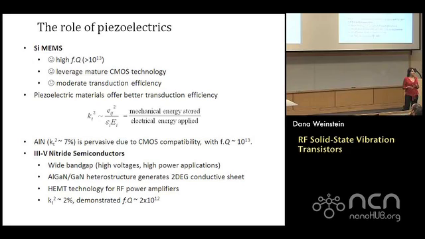So for that, I need a piezoelectric material in a technology platform that has transistors, and preferably high-frequency transistors. And actually, for filters, you want high power as well for large power handling. And the best such platform is gallium nitride. So gallium nitride is a III-V semiconductor.